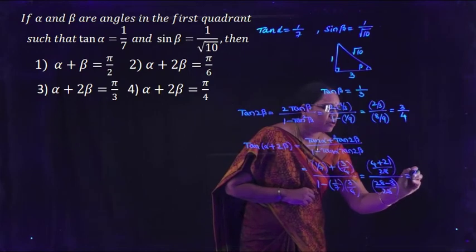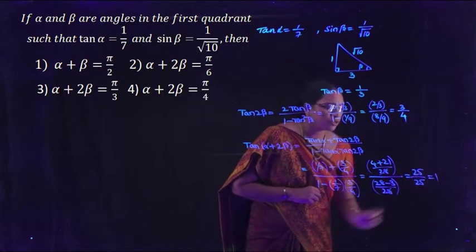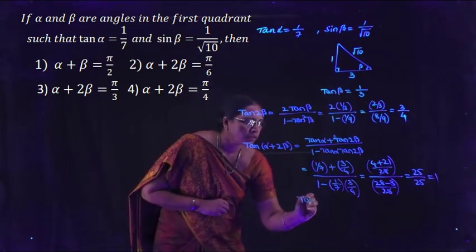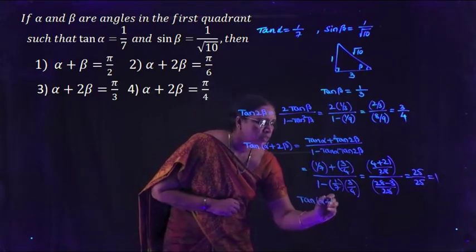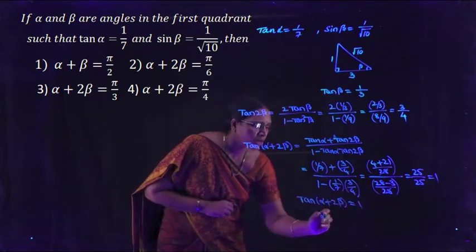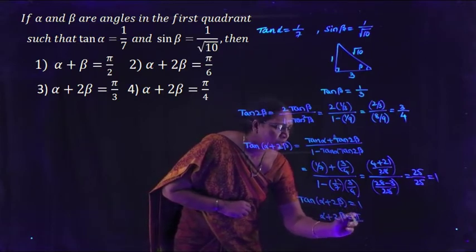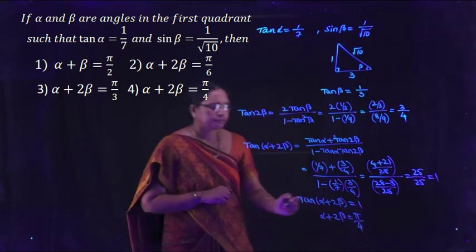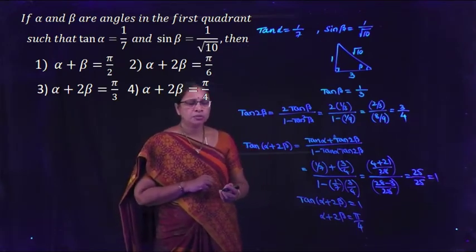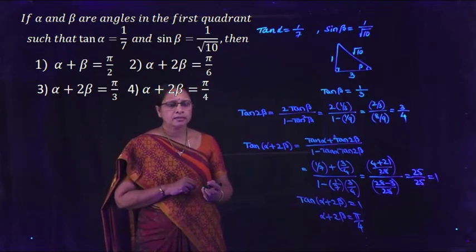Here we have 25 by 25, that is equal to 1. Now we get the value of tan alpha plus 2 beta is 1. Then we have alpha plus 2 beta is equal to pi by 4. The fourth option, alpha plus 2 beta is equal to pi by 4, is the correct answer.